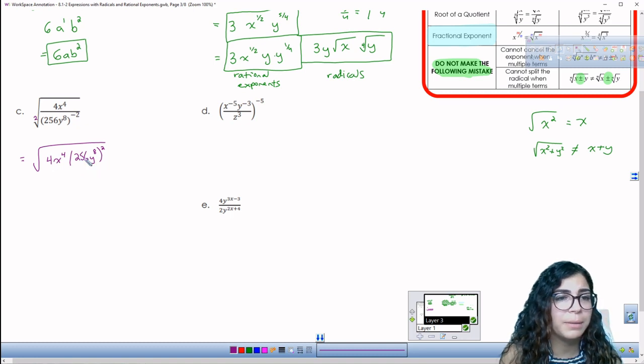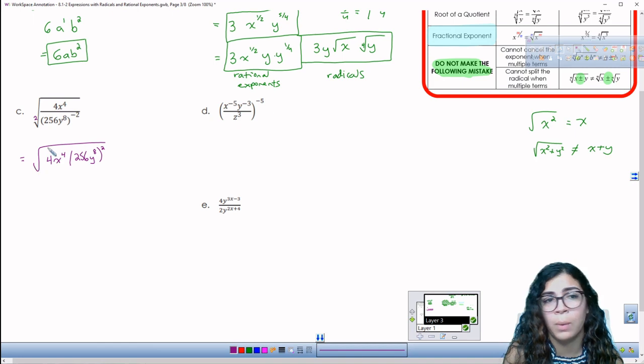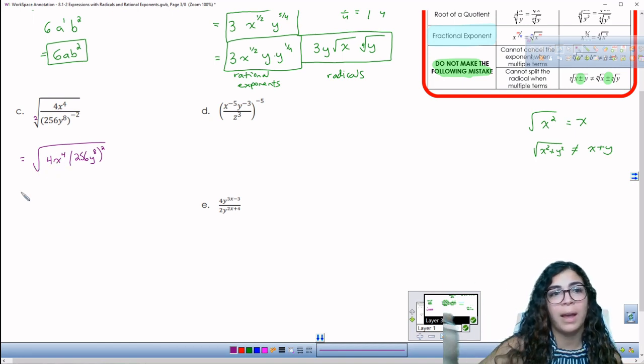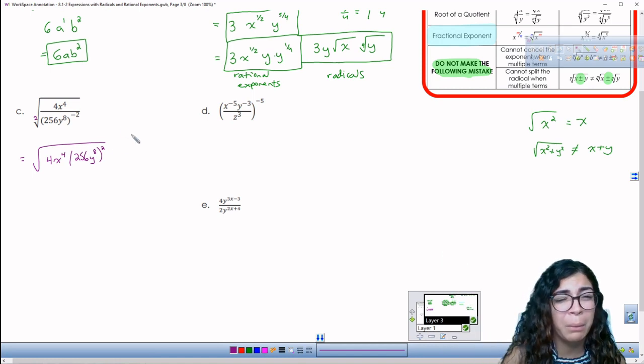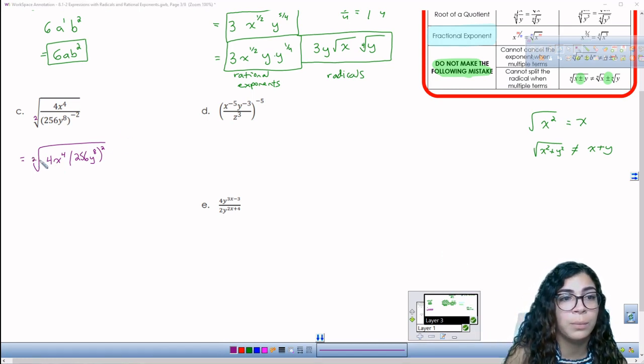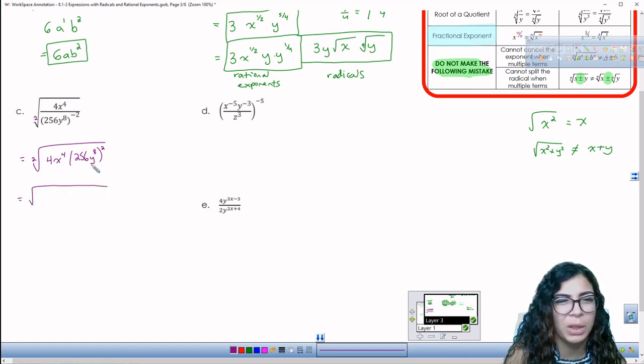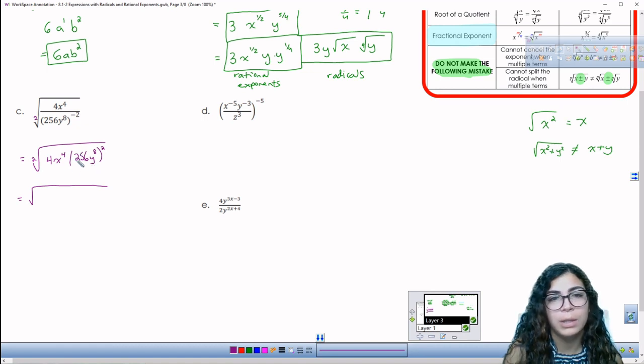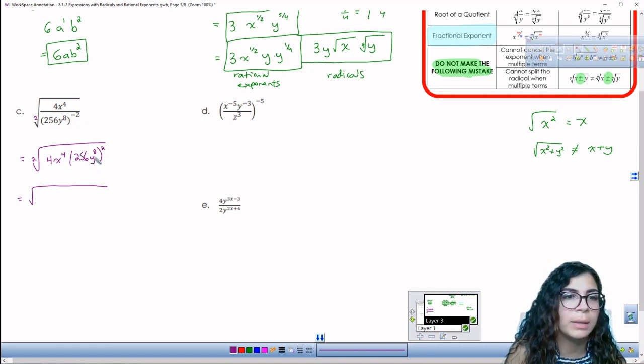And I could simplify this first, or I could go ahead and distribute the power, every single thing having divided by 2 in the power for this radical. I'm going to go with the route of, let's simplify first, because I have a lot of things going on right now, and usually when there's a lot of things going on, I like to simplify first.